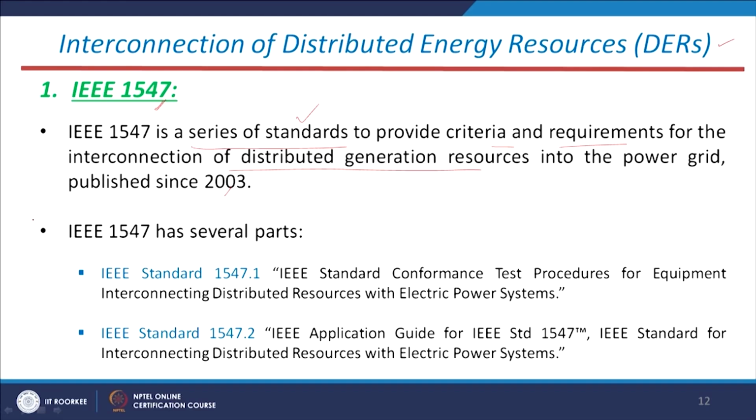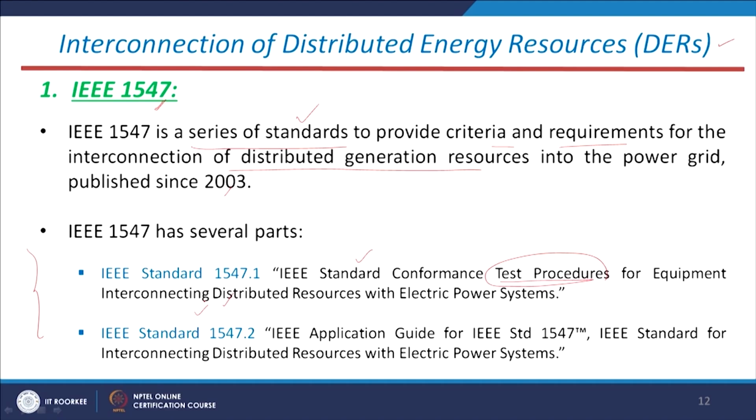And if you see, the PDF files of IEEE 1547 standards are available on the IEEE website. You can also download and you can get a lot of information from there, but briefly I will discuss a few things here. The first one, 1547.1, is the IEEE standard which provides the test procedures for equipment interconnecting these DRs to the electric system.